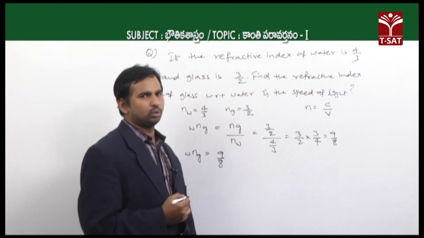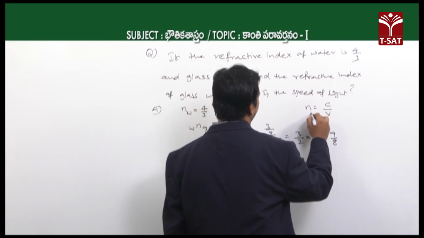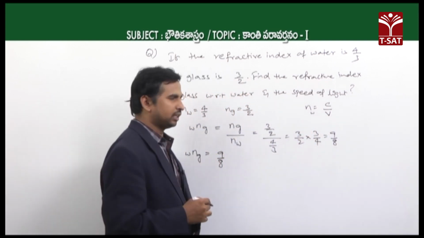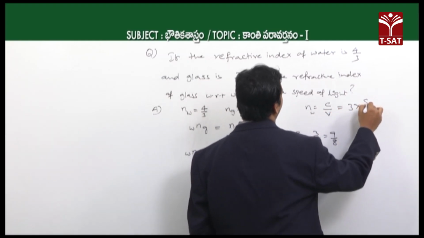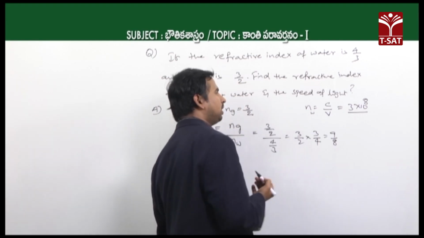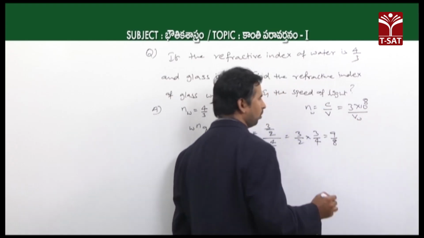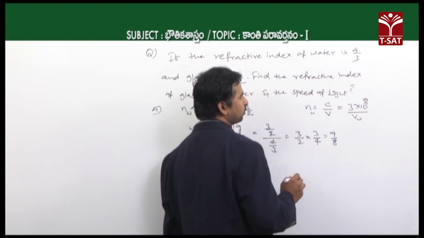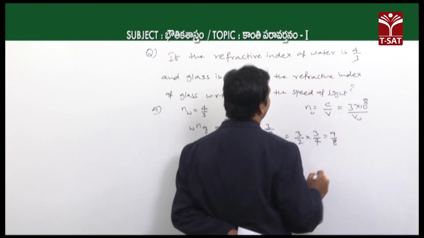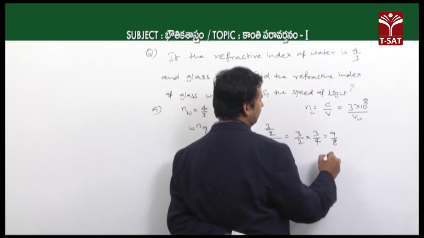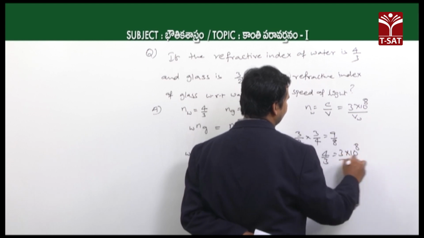Here n is the refractive index, and as we start from water, we are taking water first, so n is equal to c, which is 3 into 10⁸ meter per second, by its velocity. In case of water, we are finding the velocity of light in water. The refractive index of water is 4/3, so 4/3 is equal to 3 into 10⁸ by Vw.